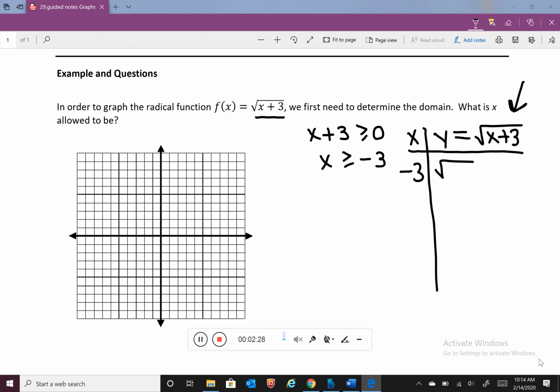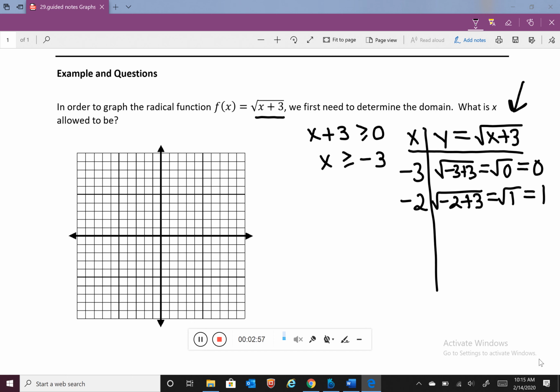This is the square root of negative 3 plus 3, which is the square root of 0, which is defined and is a real number, 0. Now if we go to our next integer value for x of negative 2, we have the square root of negative 2 plus 3, which is the square root of 1, which is 1.